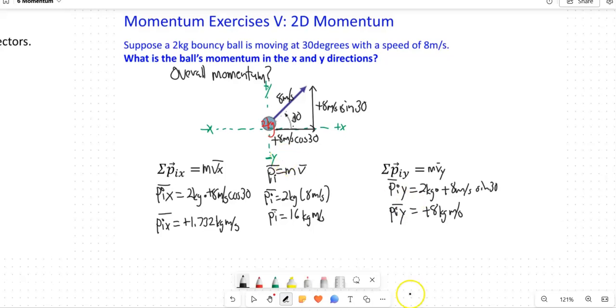Okay, and if you were given the x and y components of this and you had to calculate the overall velocity, well, that's just c squared equals a squared plus b squared. So that 8 meters per second, which is the hypotenuse, so applying Pythagorean theorem, we'd have to take the x direction component, positive 8 meters per second cosine of 30 degrees.